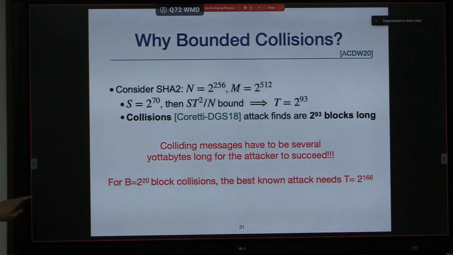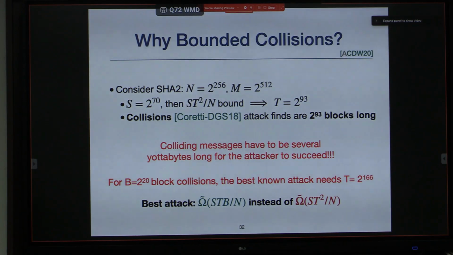For such an adversary, the best attack that we could find required 2 to the 166 queries, which when you compare to 2 to the 93 is a lot more queries. So the best attack we found had advantage STB over N, where S is the size of the advice, T is the number of queries, and B is how long your collisions can be, instead of ST square over N.